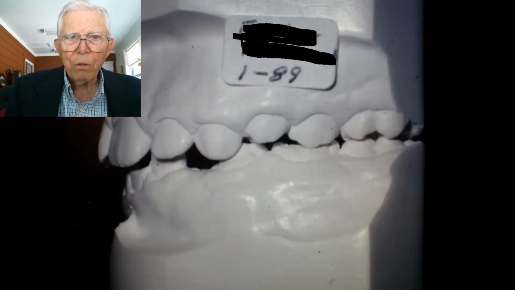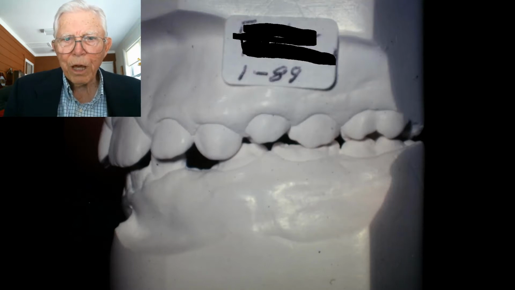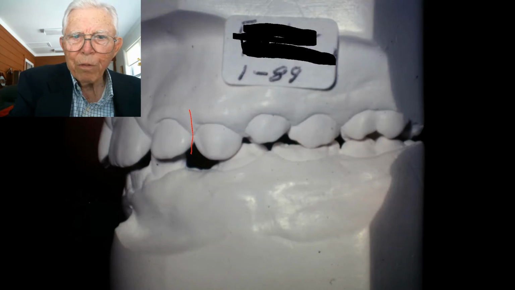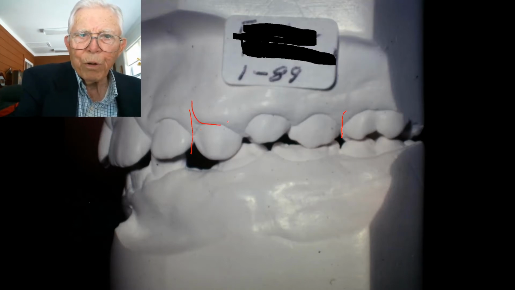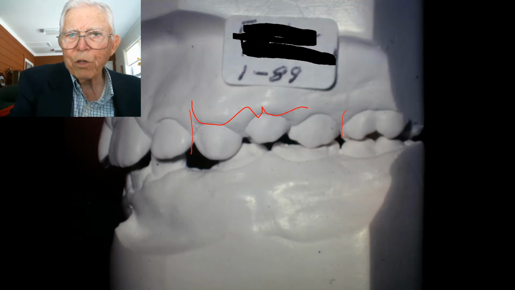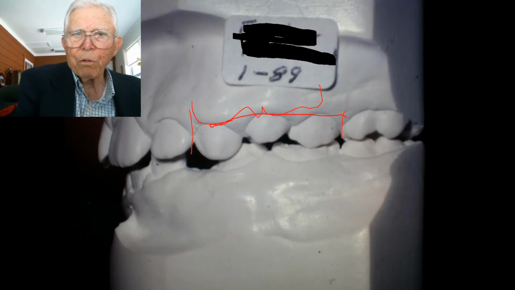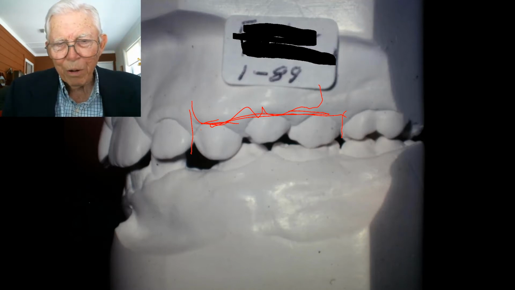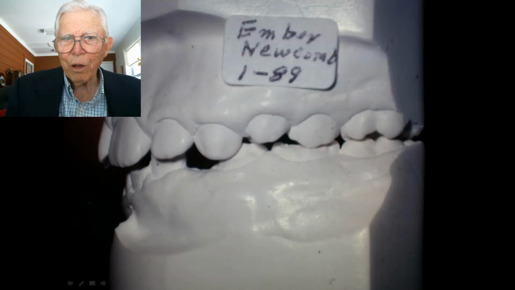Okay, here we show this on the opposite side. It's doing okay over here. This is the lateral, and this is your 6-year molar. So you've got room enough in here for the teeth to come in. We're going to have to squeeze them to get them in there, but on the other side, you do not have that room.